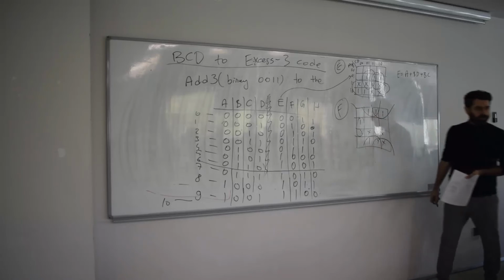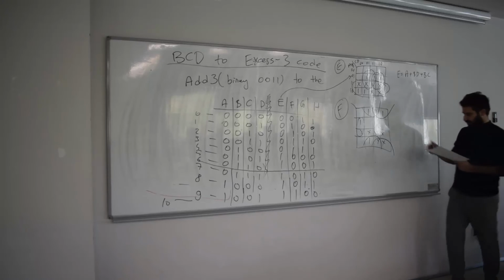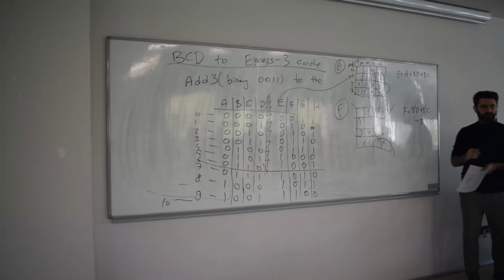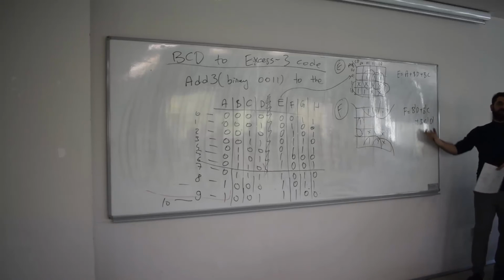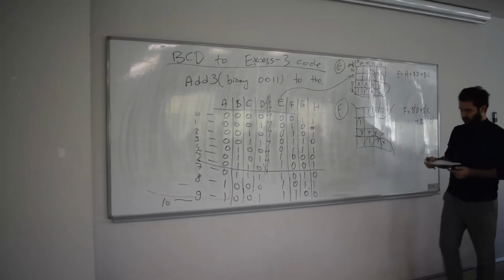So I group this 2. Okay? And that's the best I can, actually. And therefore, F is given by B prime D plus B prime C plus B C prime D prime. Okay? Just verify that, as I said, these are all subject to verification by yourself.